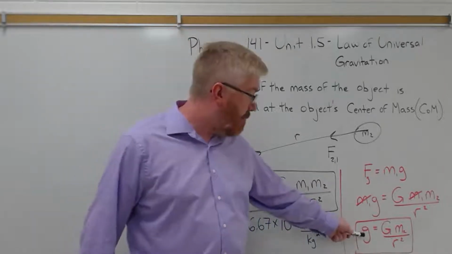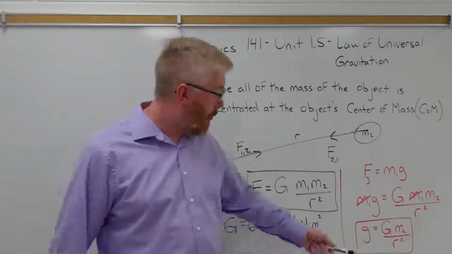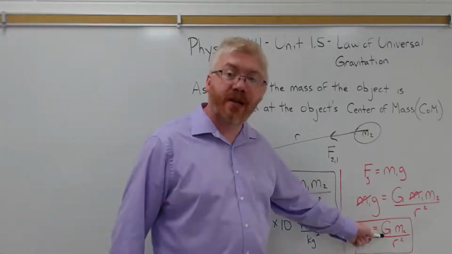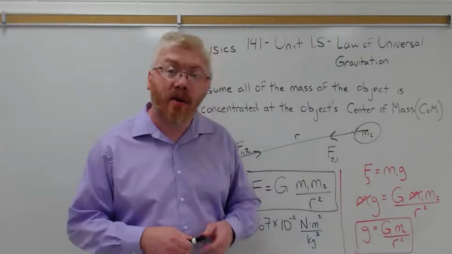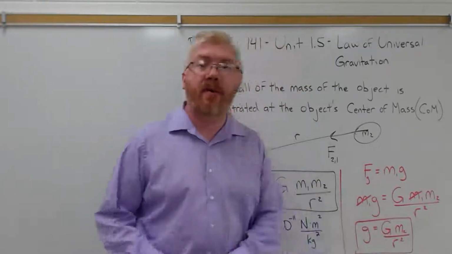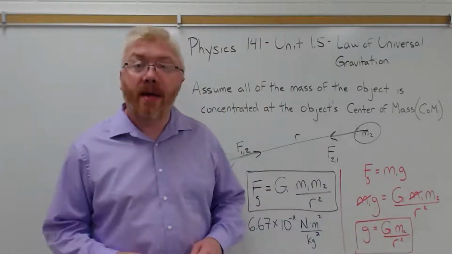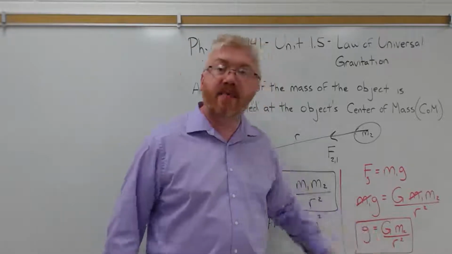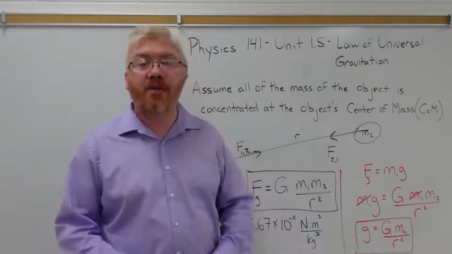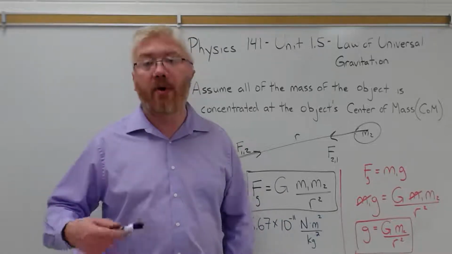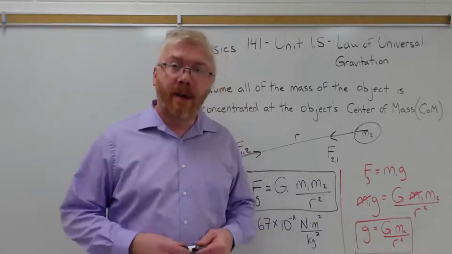So small g, the gravitational acceleration, is equal to the universal gravitation constant, big G, times the mass of the object, in this case the mass of the Earth, over the distance from the Earth squared. If I know the mass of the Earth, and you can look that up, and if I know the radius of the Earth, again something you can look up, plug in these numbers, you find out g is about 9.80 meters per second squared. That's how we come up with that value.